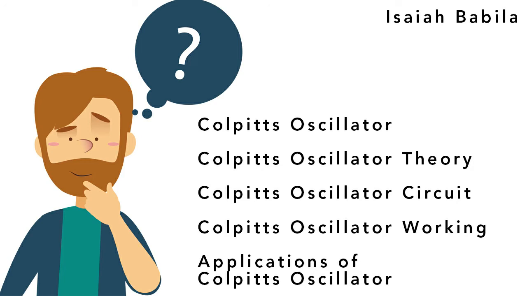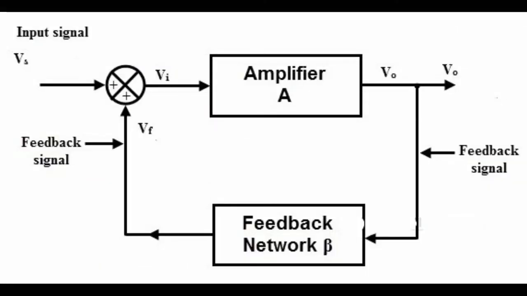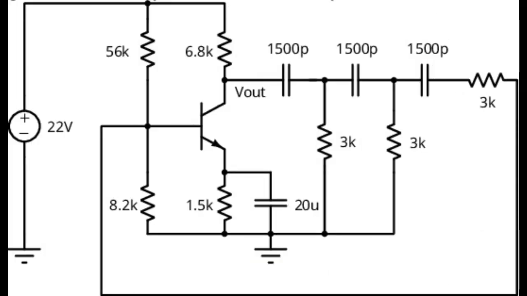The major difference between these two oscillators is that it uses tapped capacitance, where the Hartley oscillator uses tapped inductance. This is an example of a Colpitts oscillator circuit. It can be realized by using a gain device such as a bipolar junction transistor or BJT, operational amplifier, or field effect transistor or FET, as in other LC oscillators also.